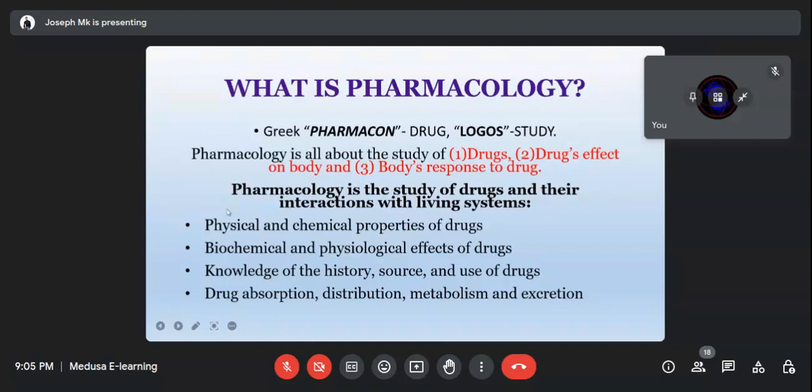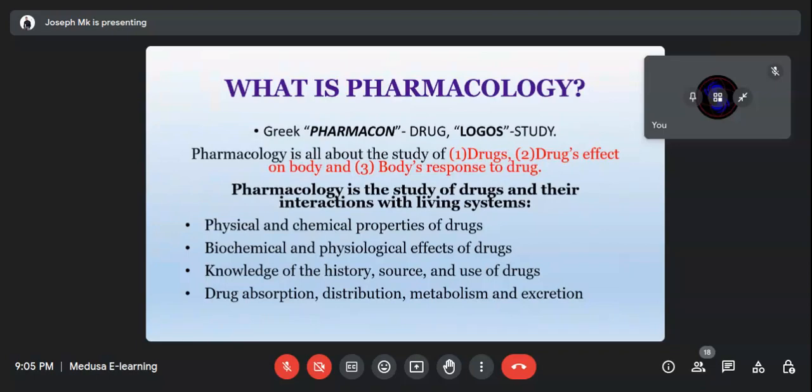So this part is simply talking about what we've talked about, like the physical and chemical properties of drugs. These we need to really understand and know, and then the biochemical and physiological effects of drugs. Especially the physiological effects of drugs: once you take a drug, what are the effects that it is going to have on your body?